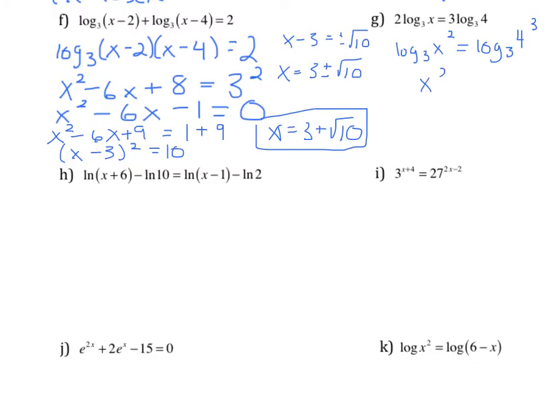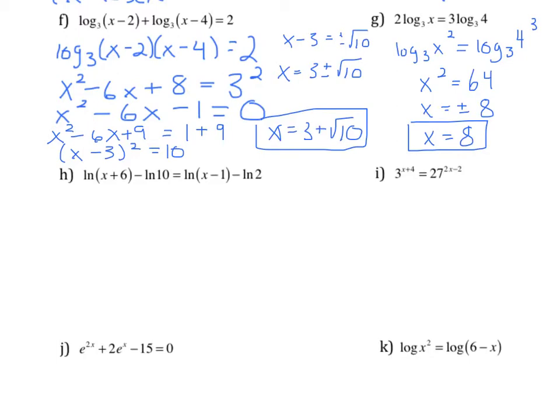So x squared equals 4 cubed, which is 64. So x will equal plus or minus 8. But I only want the positive version. So when I plug it back in, I won't have any undefined answers. So x equals 8.